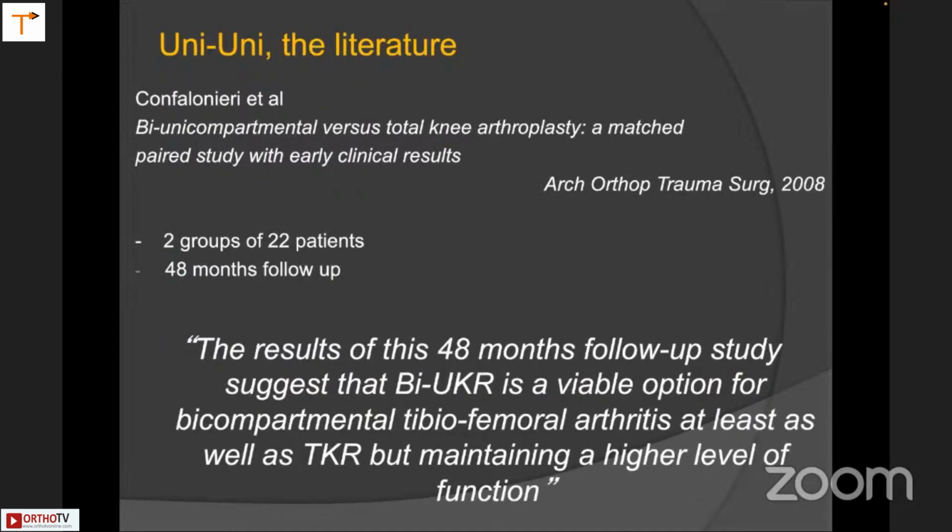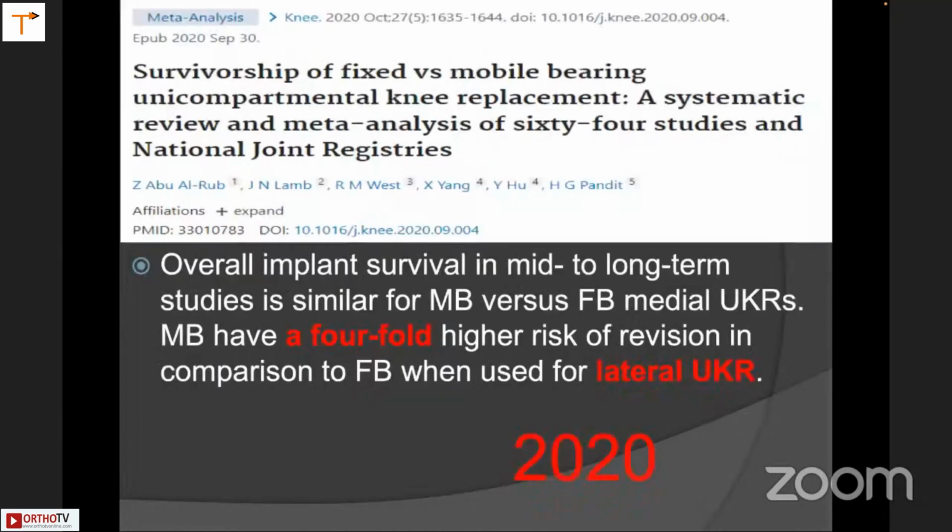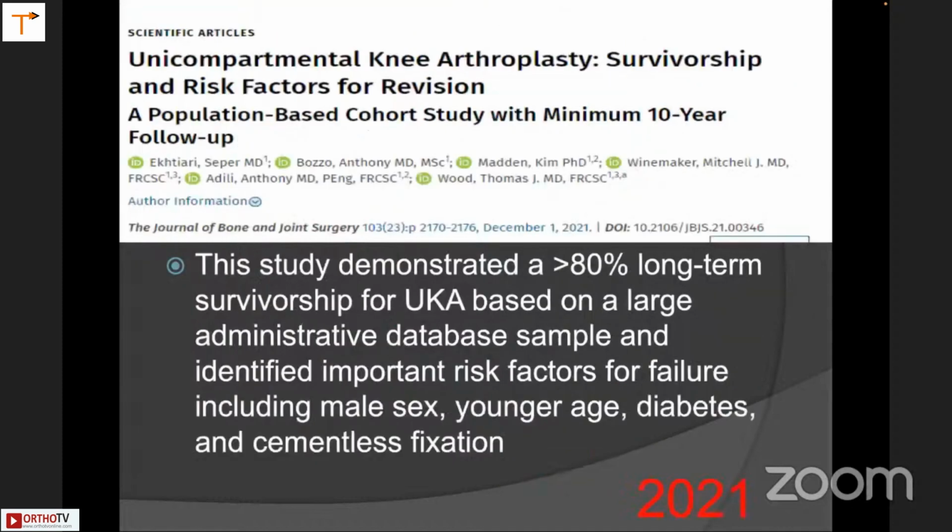So bi-uni is not really a substitute for total knees, but in selected indications, in younger patients, it functions at least as well as TKA. In terms of survivorship, there is a higher risk of revisions with mobile bearing. So if you are using a lateral, it's preferable to use a fixed bearing.